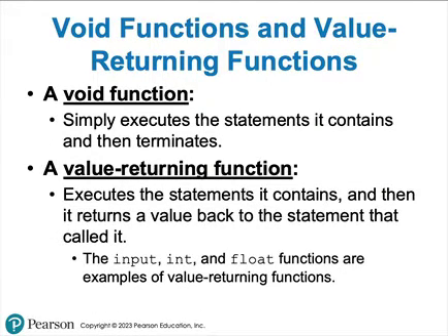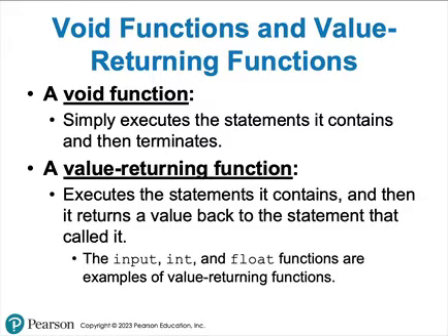Functions often have return values. If you have a function that does not need to return a value or any information back to the portion of the program that called it, then that's called a void function. That is, it returns nothing. As opposed to that, your function might return some type of value.